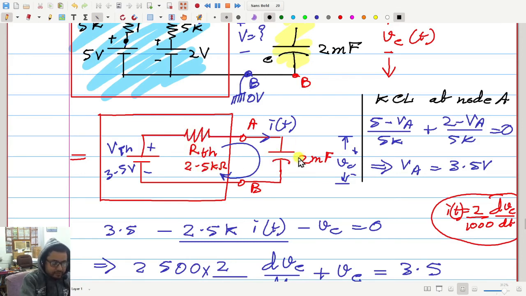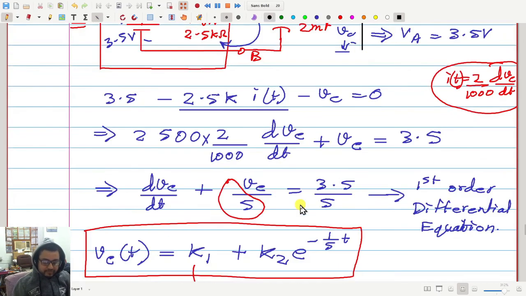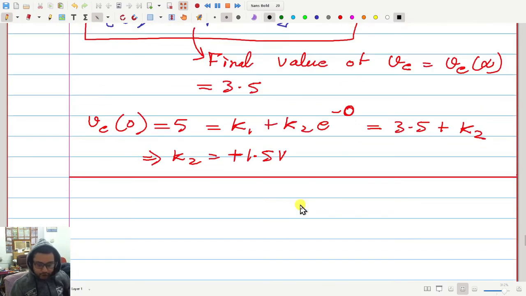So time constant tau will be equal to RTH into C, the capacitance. From that also you can directly write this. You're right, I forgot to mention that.